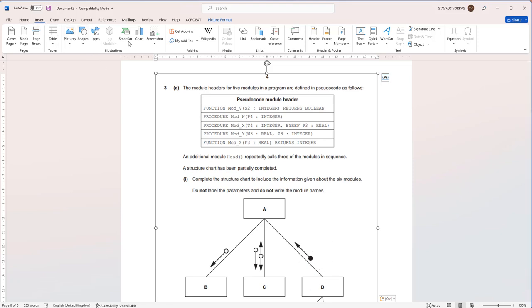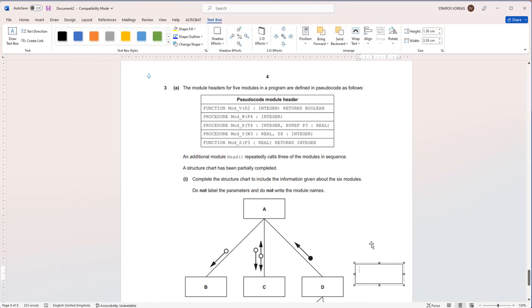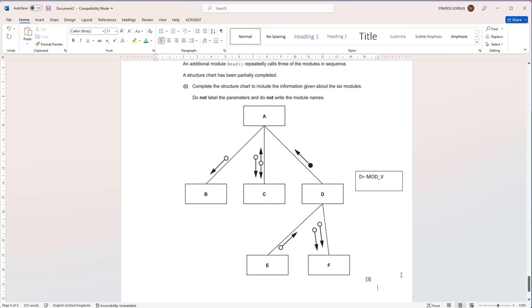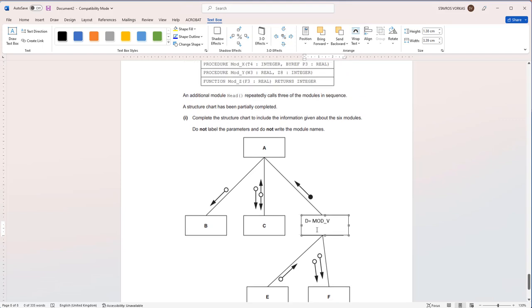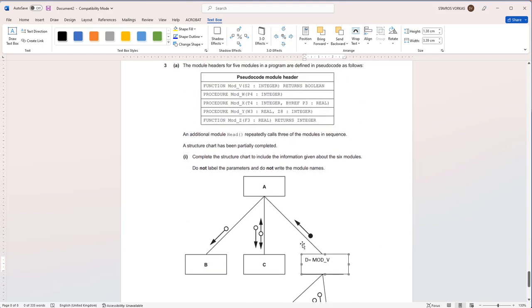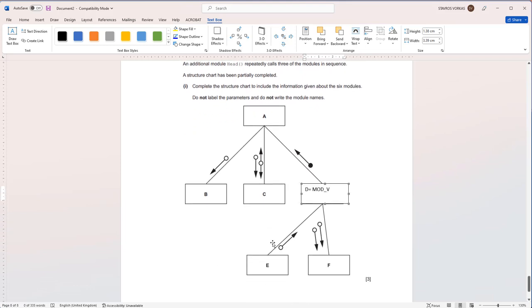So I'm going to insert a couple of text boxes here and there so that we can label them. So D is equal to mod underscore v function. Okay, so we know that D is this one. Now, we can look at the shape and see that some of these send more than one value, some of them send one value, and so forth.